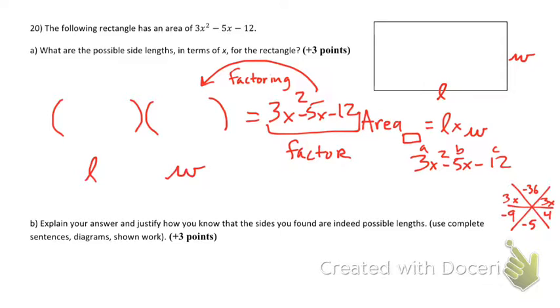Let's reduce here if possible. We can reduce by 3. This turns into 1x. This turns into negative 3. Here, we don't have to reduce. There's nothing to reduce. So I now know my factor form is going to be x minus 3, and this one's going to be 3x plus 4.